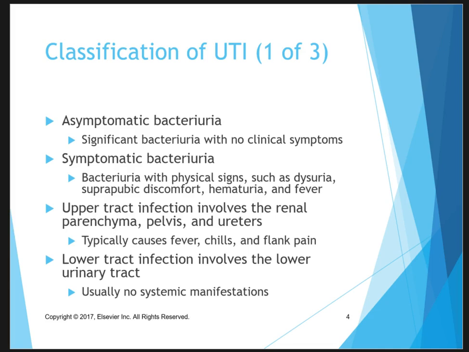Your lower tract infections are going to be obviously like your bladder, urethra, irritation, those kinds of things. And this is the kind of UTI that will present with no systemic manifestation, so it's not likely to have a fever with a lower tract UTI.